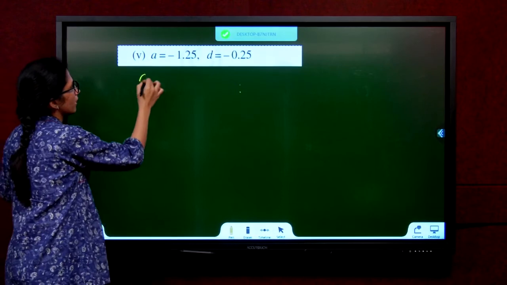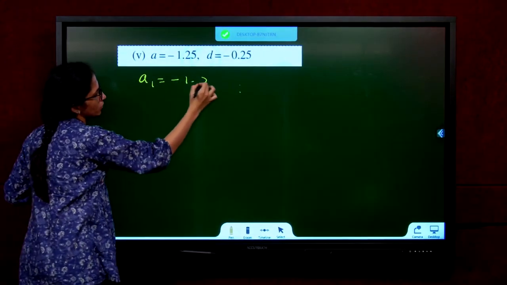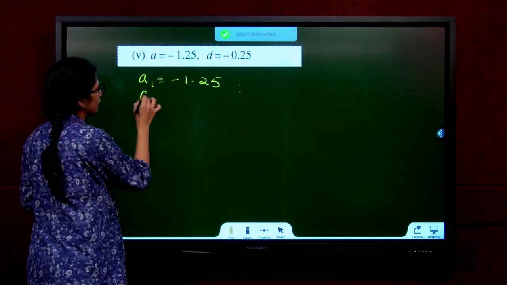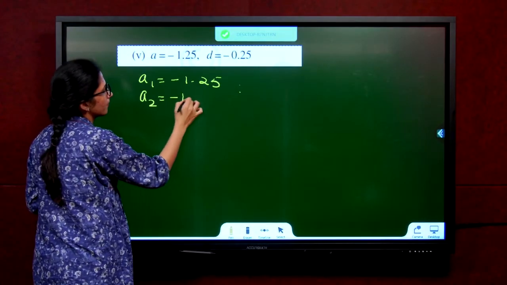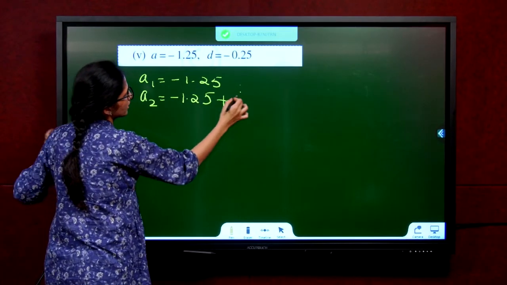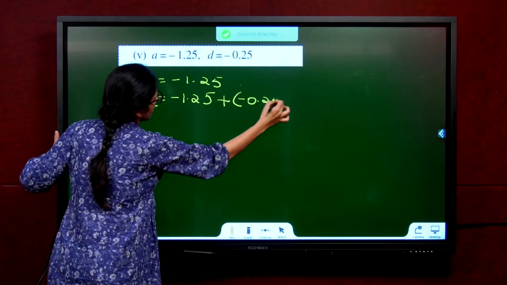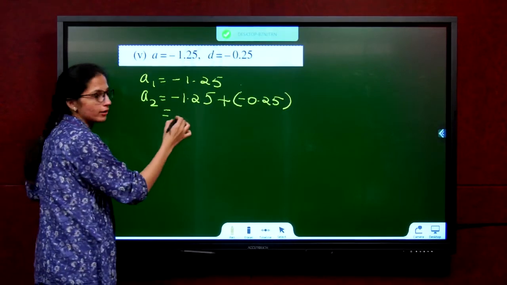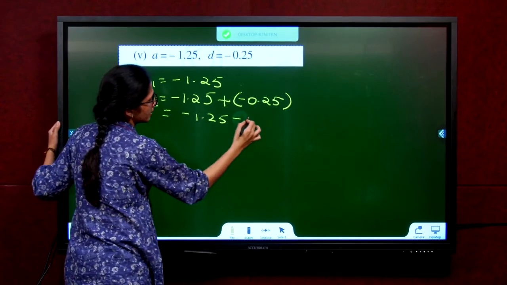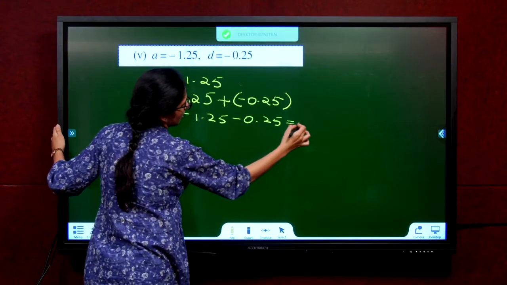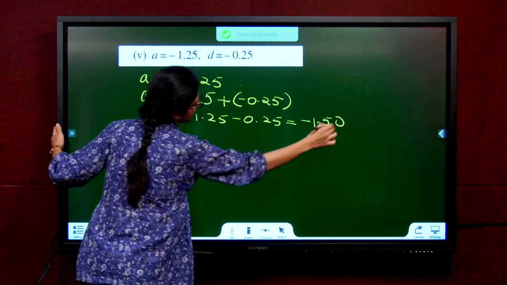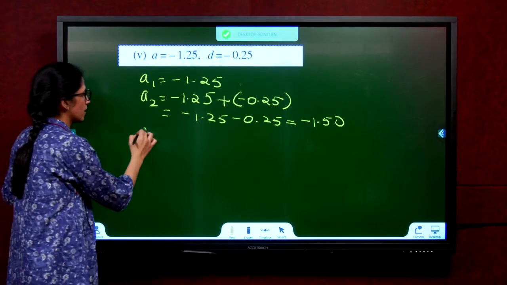Similarly, next question. A1 is the first term itself, minus 1.25. A2 will be this term plus the D. Every time just add the D. Minus 1.25 minus 0.25, minus 1.50. You can check it out.